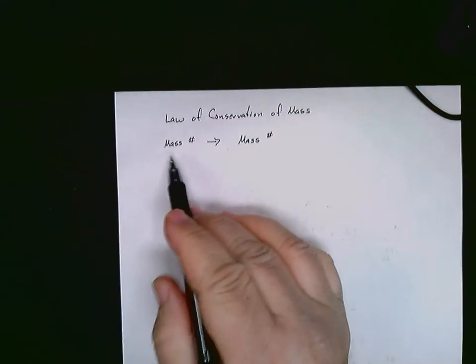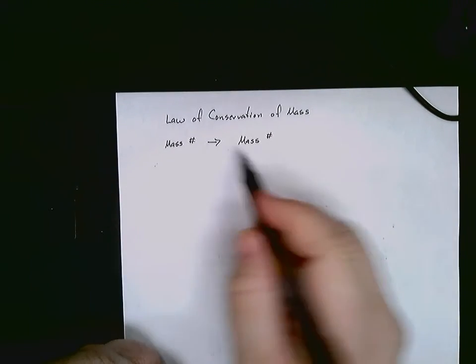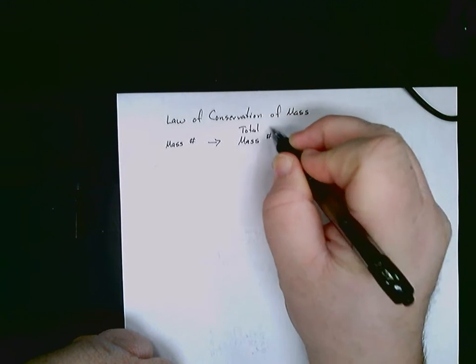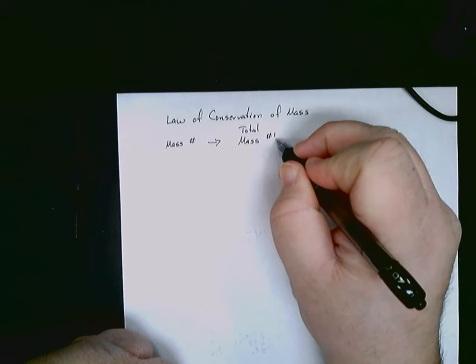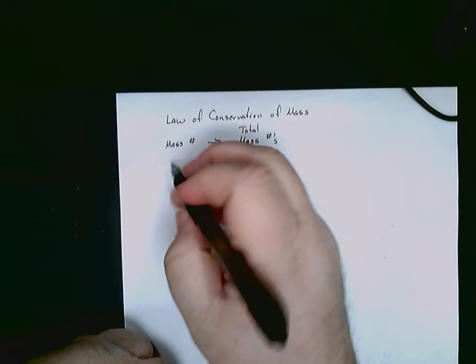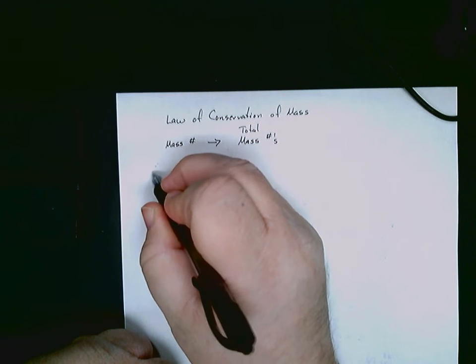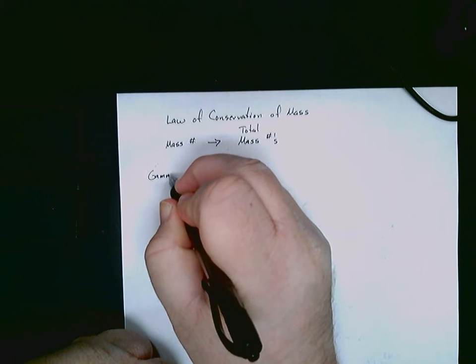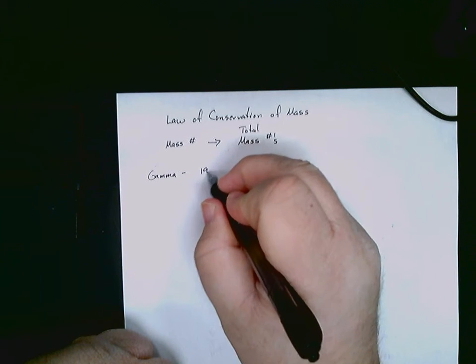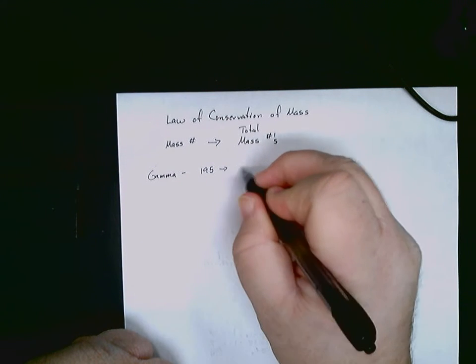That means the mass number on the left-hand side has to be equal to the total mass numbers on the other side. As you saw, for the gamma reaction, we had 195, and it was 195.